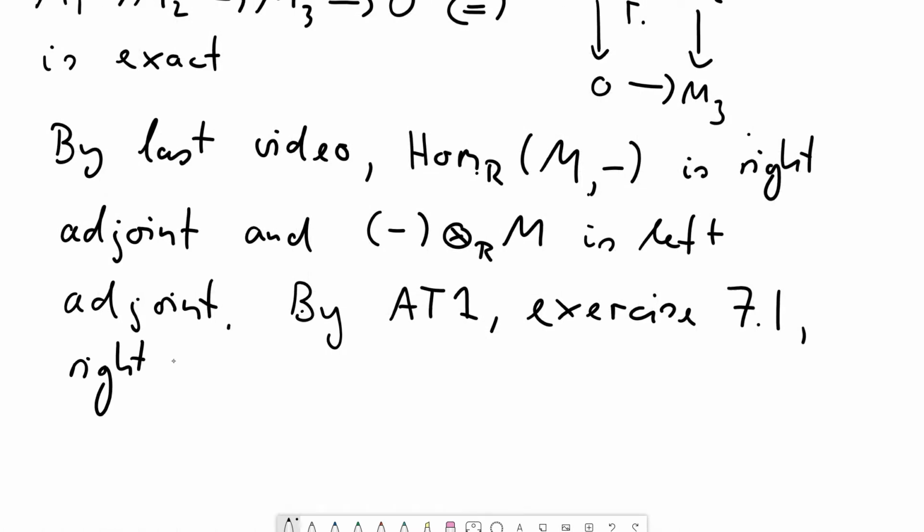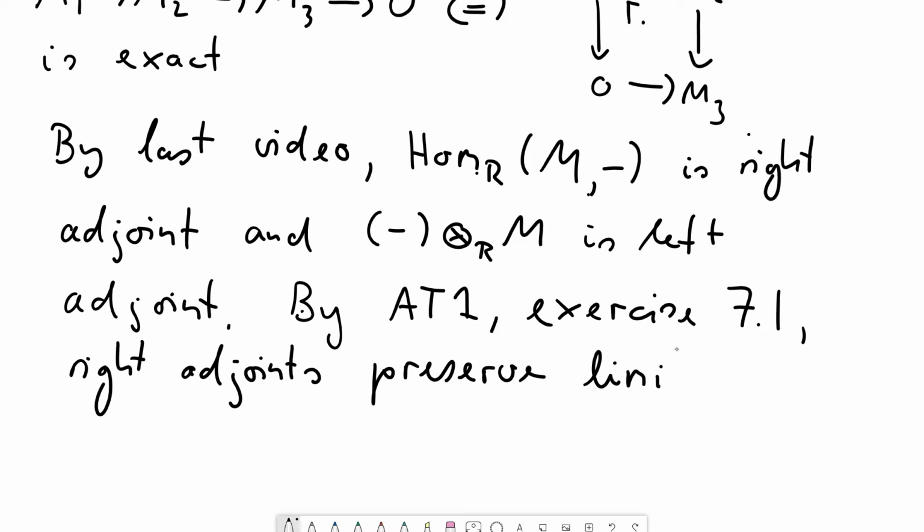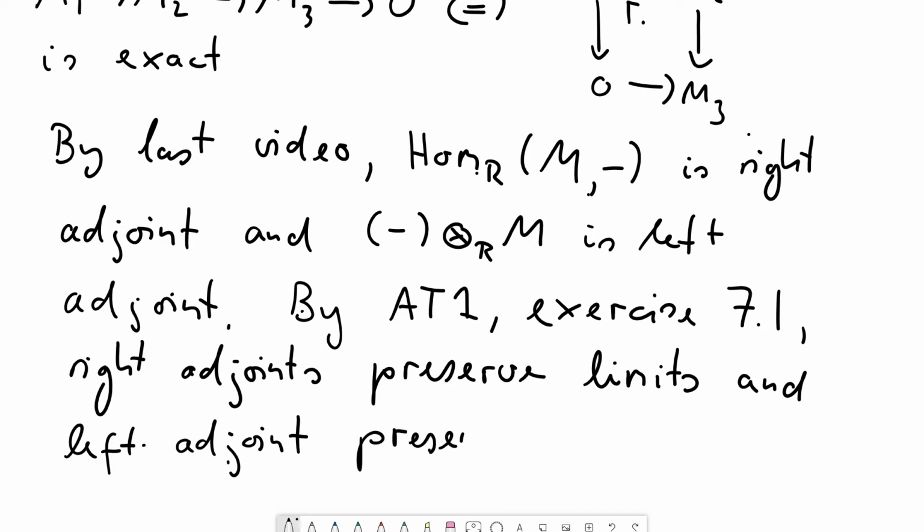Right adjoints preserve limits and left adjoints preserve colimits. On YouTube, it's the topology course. But again, it's on the exercise sheet, it wasn't in the video.